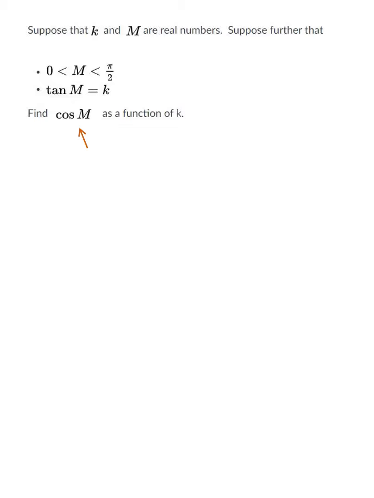M is some arc, and it terminates at some point. If I let (x, y) be that point, in other words, if I define (x, y) to be the point where m terminates, I can make some equations out of x and y that will enable me to solve this problem. First of all, let's take the fact that the tangent of m equals k, some unknown number, that was given to us.